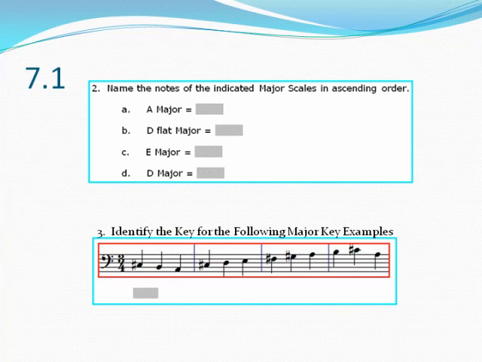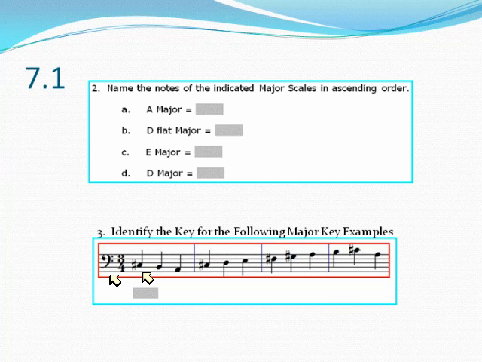I'm looking in those 4 measures to see what sharps or flats might be there. First of all, I looked at the clef sign, because I know I could get in trouble and miss some things if I don't. That's in bass clef.